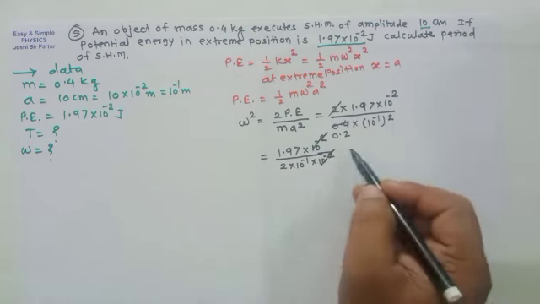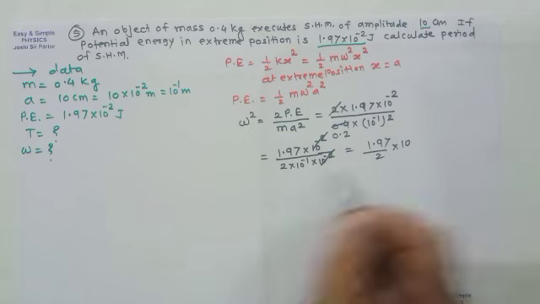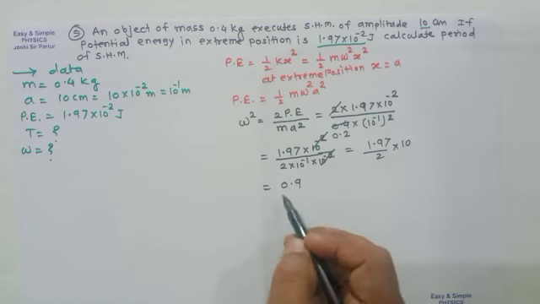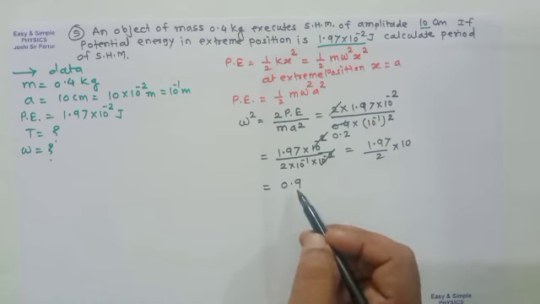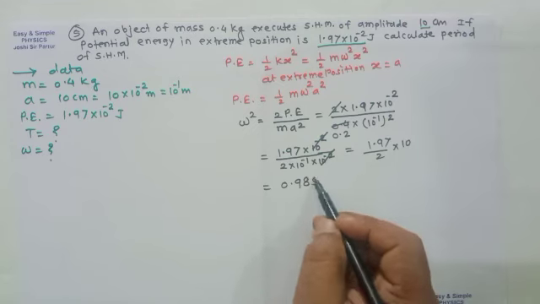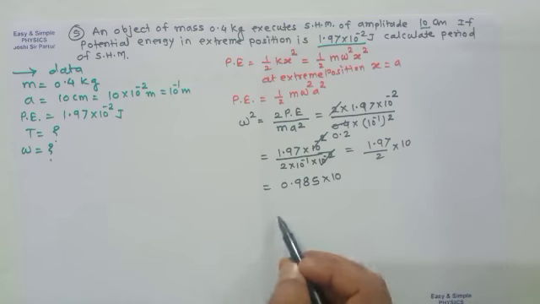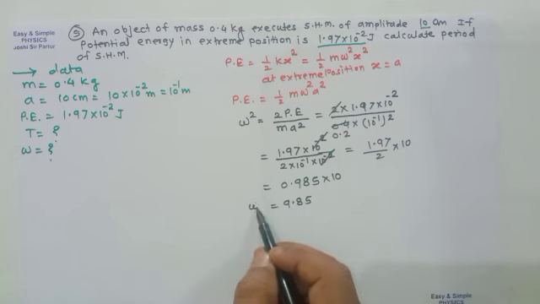So here 1.97 upon 2 into 10. The division will be 0.985, so 9.85 is the value of omega square.